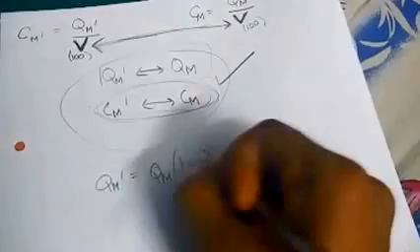So if you have qm dash equal to qm multiplied by 1 minus x upon 100, if you just divide both sides by v, you will get cm dash and cm.